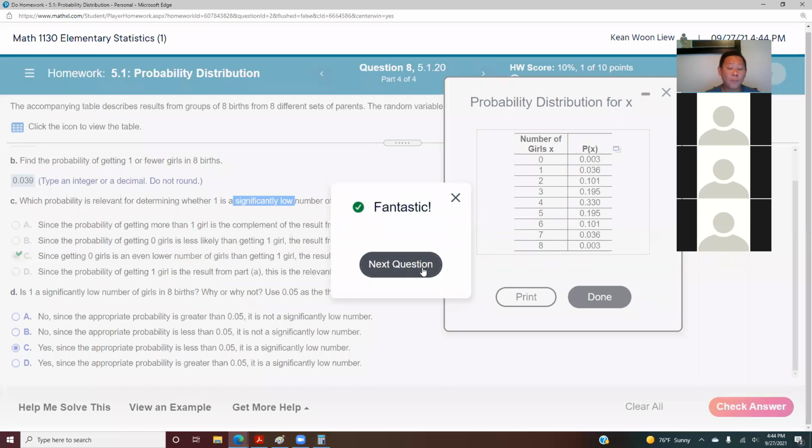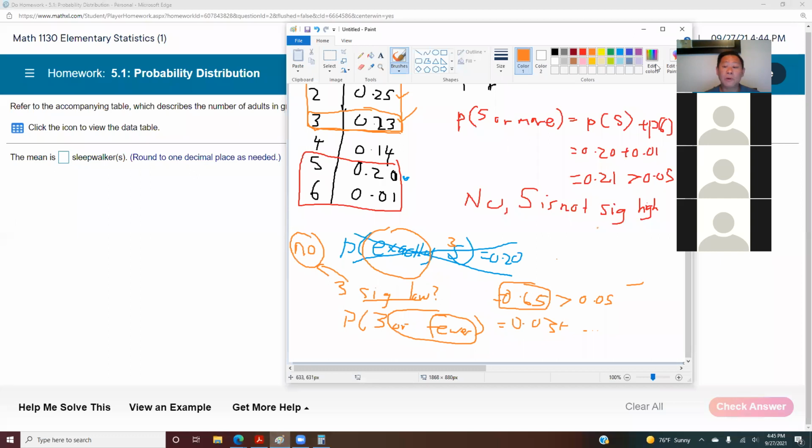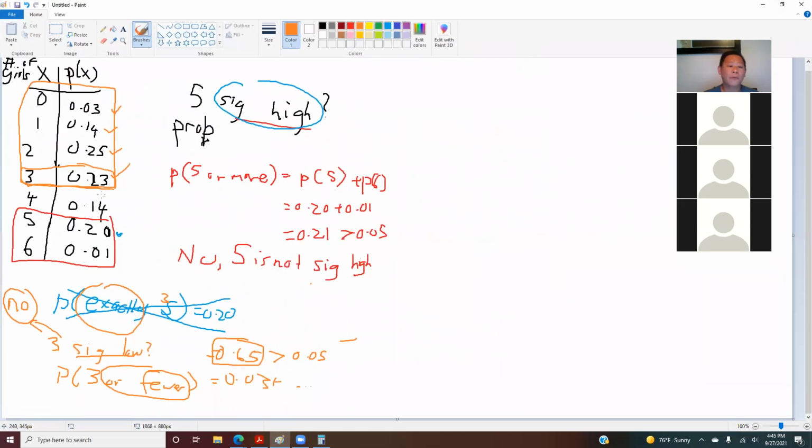So what I want to point out to you guys here is that again, this is very important. When we do significantly high, we use 5 or more. Okay, 5 or more. So if I ask for X, I change this to become an X because it can be 4, it can be 6, it can be any number.